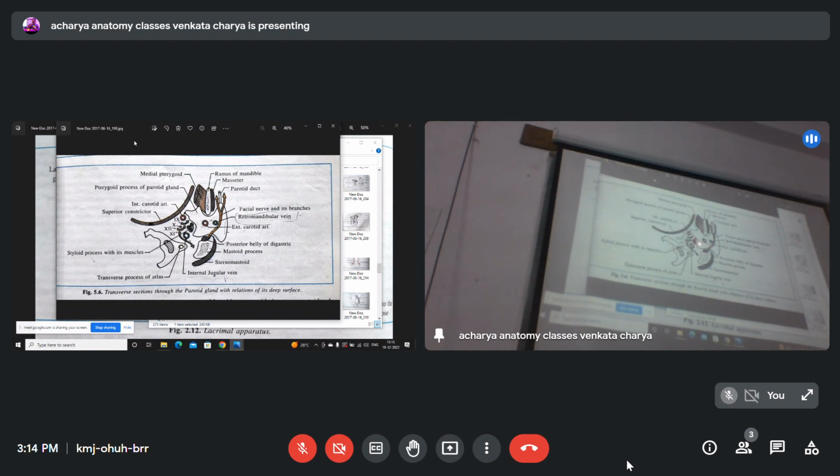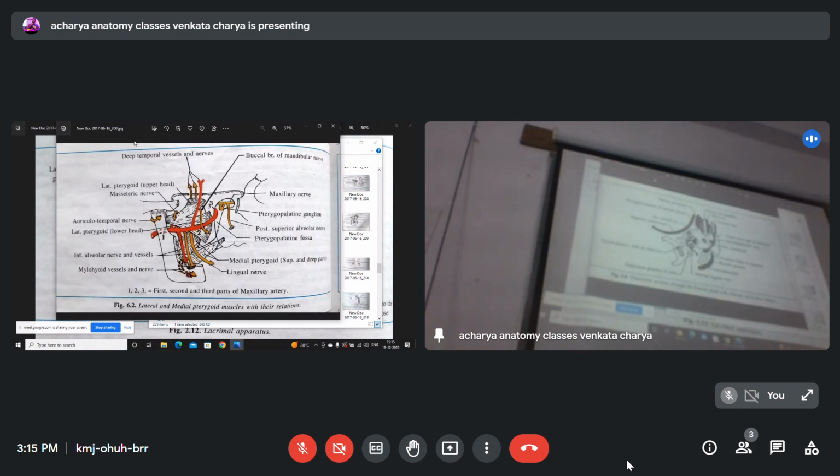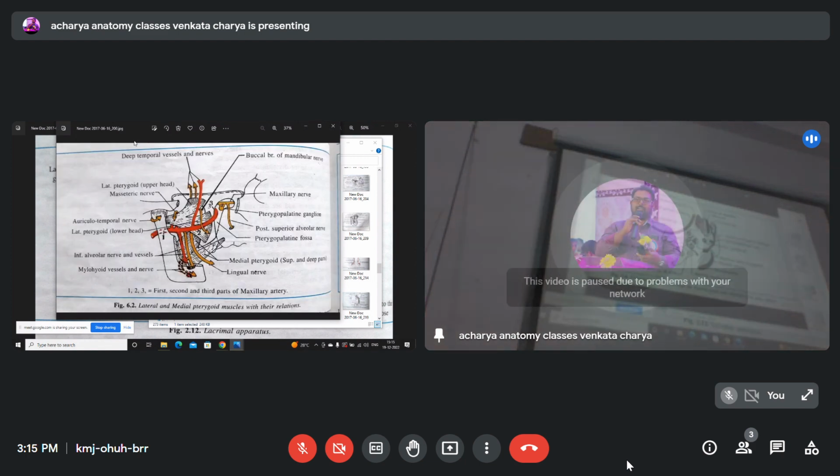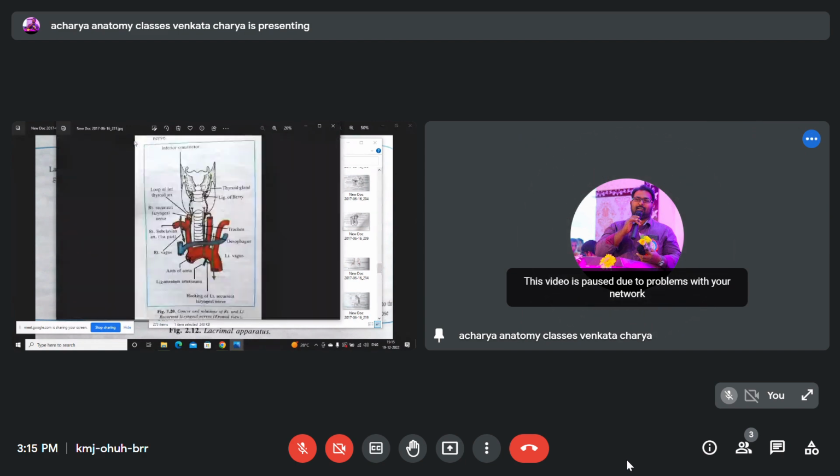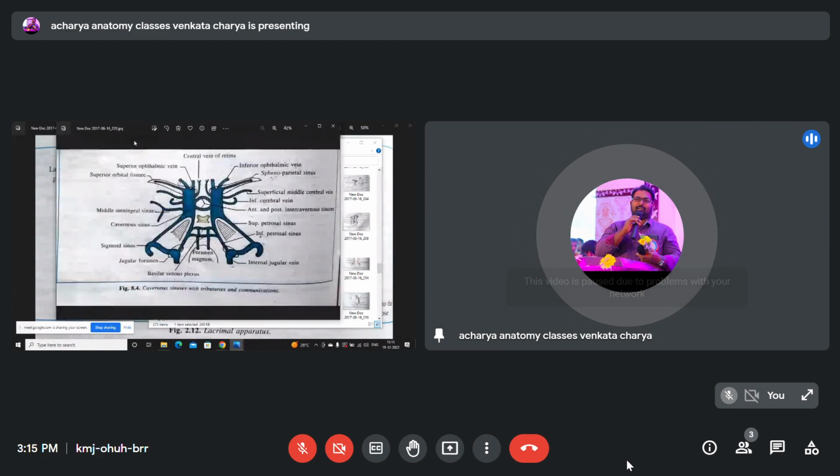So styloid apparatus means 3 muscles attached to the styloid process. Number one, styloglossus. That muscle starts from the styloid and extends to the tongue, that muscle we call styloglossus.